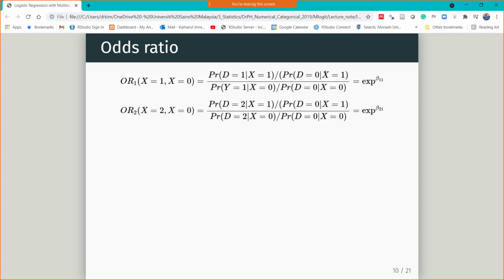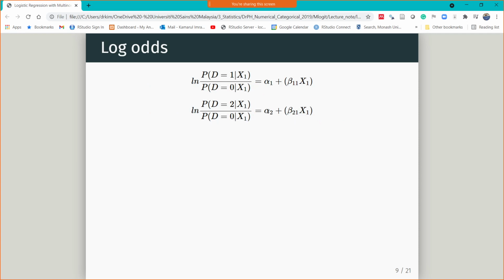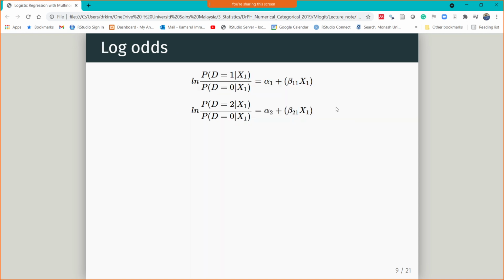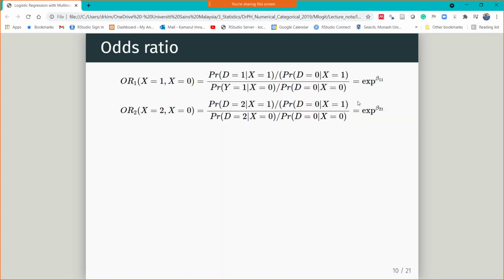When you do this, you know that alpha 1 and alpha 2 will cancel each other. Because of that, you can just exponentiate the value of beta. Because of this formula, the odds ratio, this is odds number 1, this is odds number 2, odds divided by odds equals odds ratio.